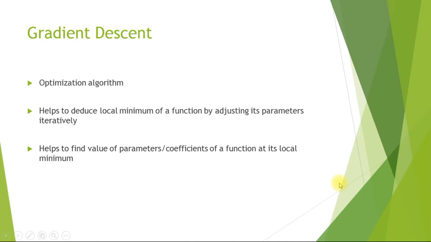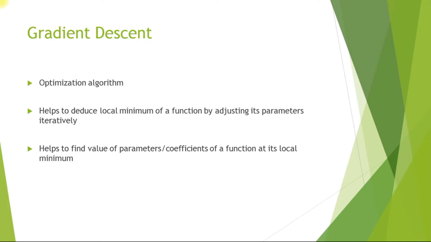By deducing the local minimum of a cost function by adjusting its parameters iteratively. In my previous video, we saw a cost function, and we saw that as the value of the parameters increases, the cost function value decreases to a local minimum and then it starts increasing again.